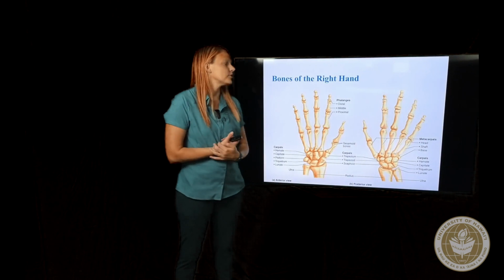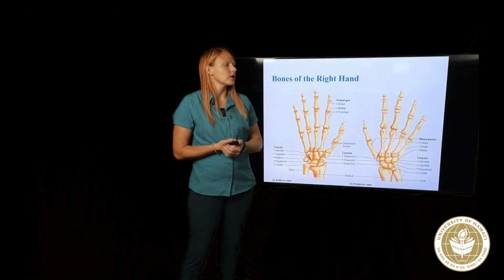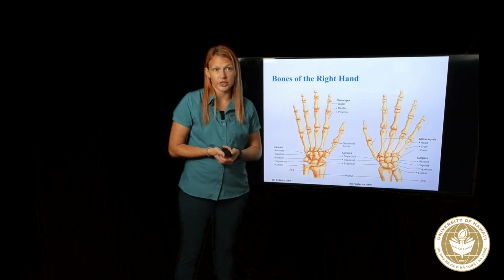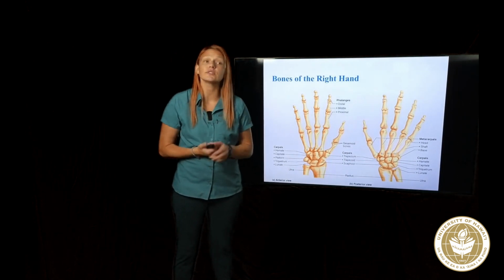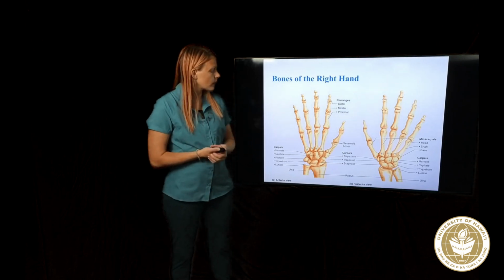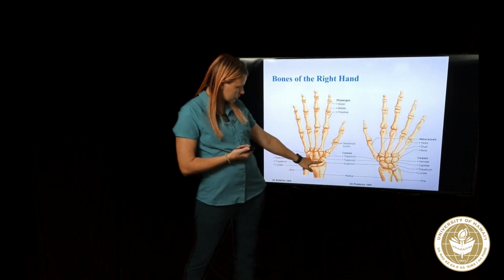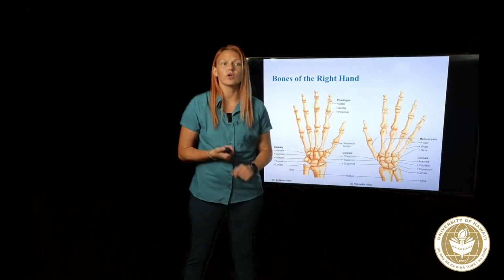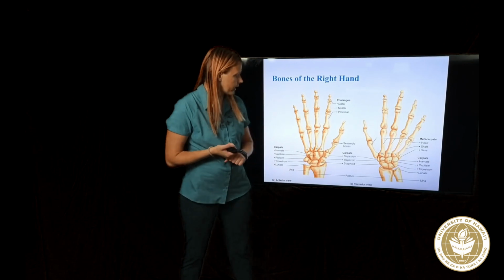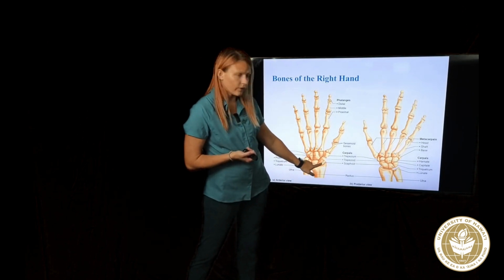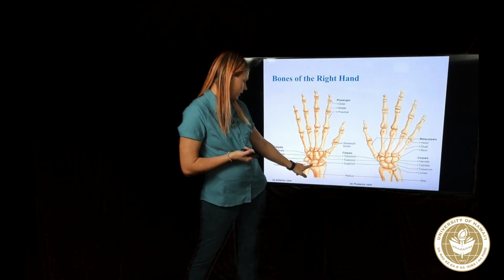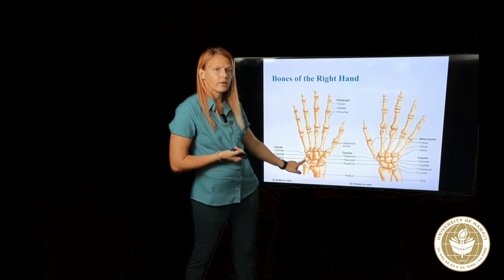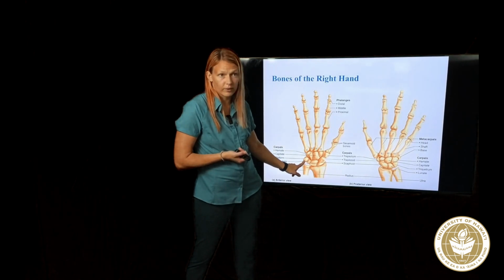Here you can see the bones of the right hand. Again, your carpus is your wrist region, and there are 8 bones in 2 rows. In your proximal row, the row right next to your radius and ulna, moving from lateral to medial, you have your scaphoid right here, your lunate right here, your triquetrum right here, and then right next to that your pisiform.